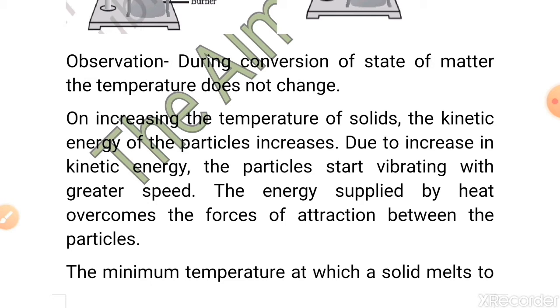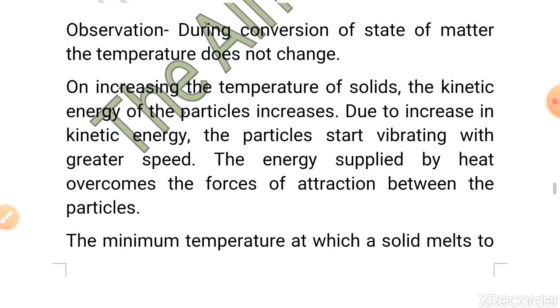The energy supplied by heat overcomes the force of attraction between the particles. We can conclude that the amount of heat given by us is utilized to overcome the force of attraction between the particles. This is the reason that the temperature in the thermometer doesn't rise.